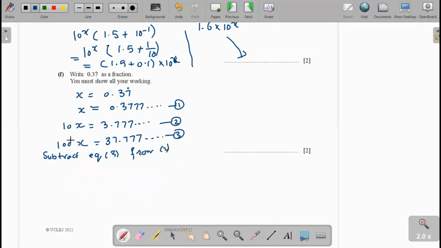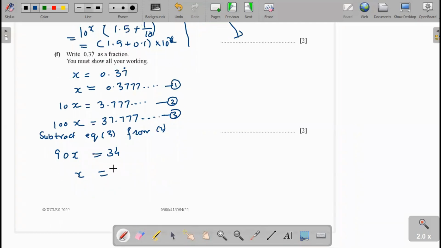We see that 100x minus 10x is equal to 90x, and 37 minus 3 you get 34, and 0.77 will be cancelled. Now x is equal to 34 over 90, and we can simplify it, that is 17 over 45.